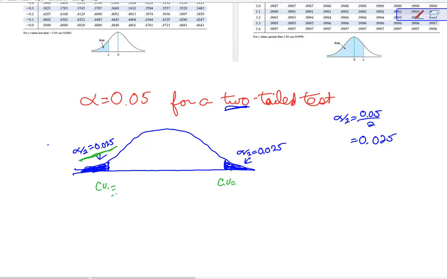So my critical values are negative 1.96 and positive 1.96. So wherever it's a two-tailed test, I'm going to have the exact same z value, just one is positive, one is negative. But I have to remember to divide my alpha by 2 because I am putting it into two tails.